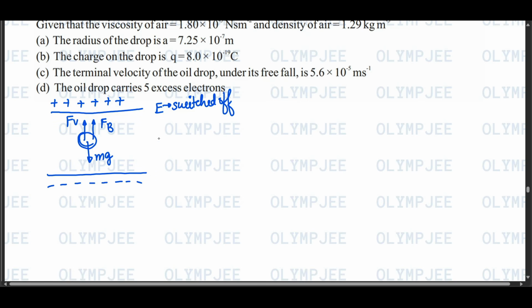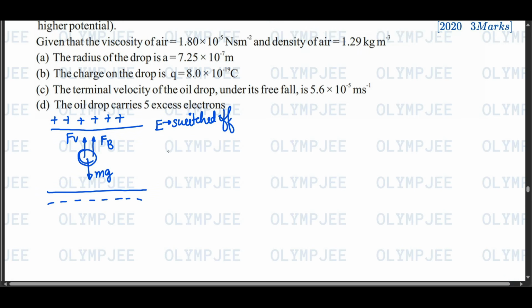So let me write the equilibrium equation, because when the drop attains terminal velocity, that means that the drop is in equilibrium because acceleration is 0 and velocity is constant. So it will be viscous force plus buoyant force is equal to mg.